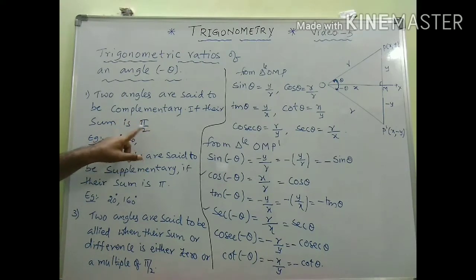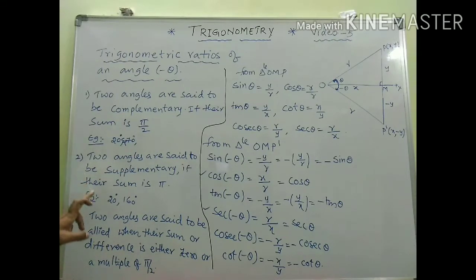For example, 20 degrees and 70 degrees. The sum of these two angles is 90 degrees. Hence they are complementary angles because their sum is 90.